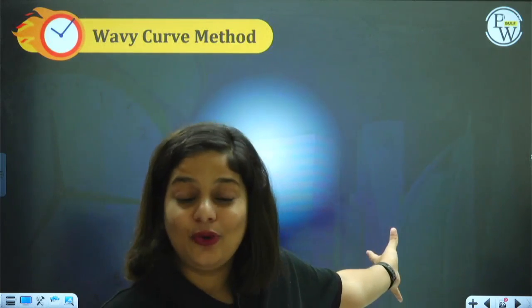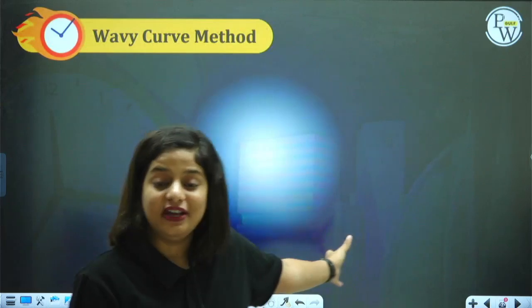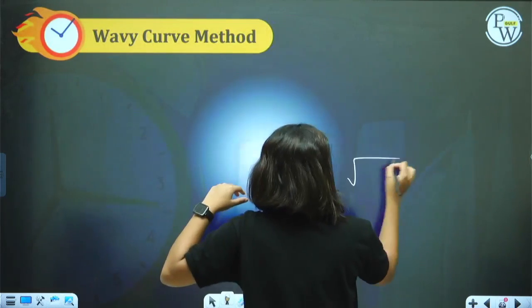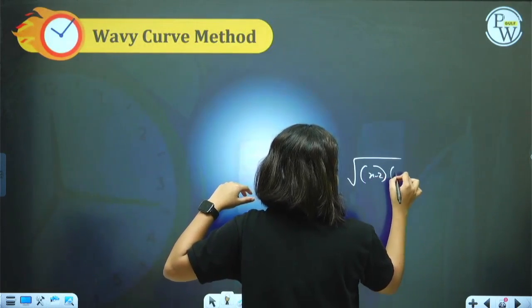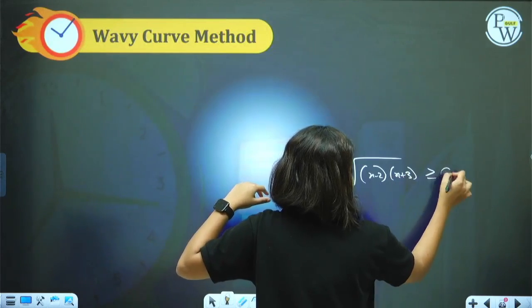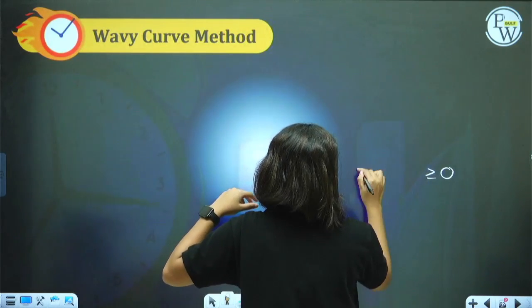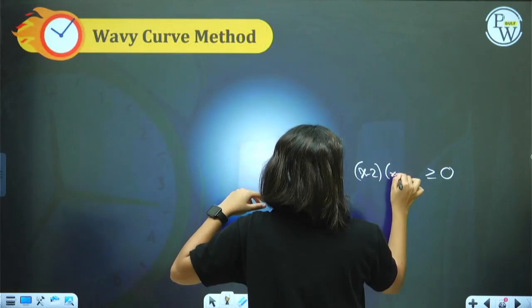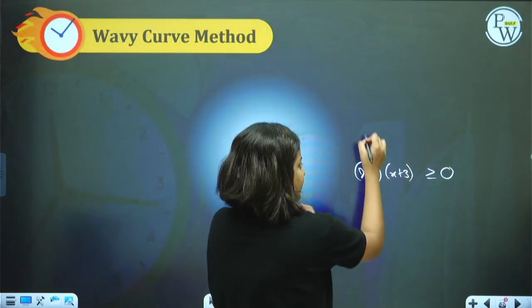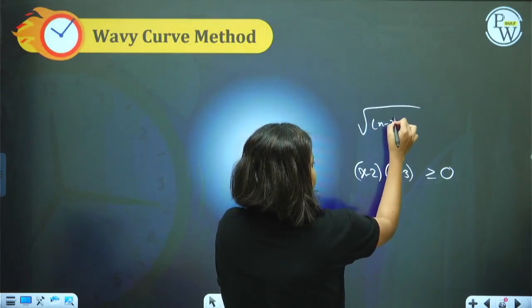When you have an inequality, anything inside the root should be greater than or equal to 0. This is your function.